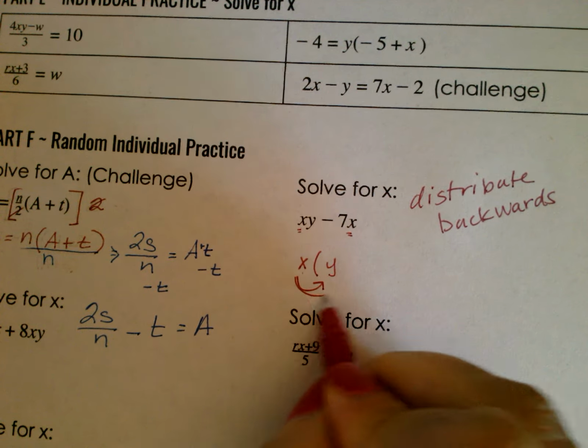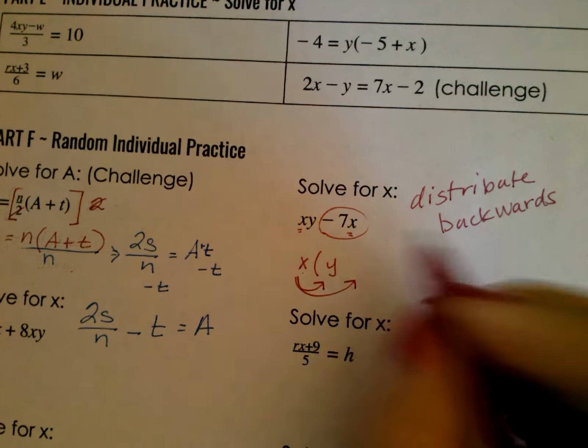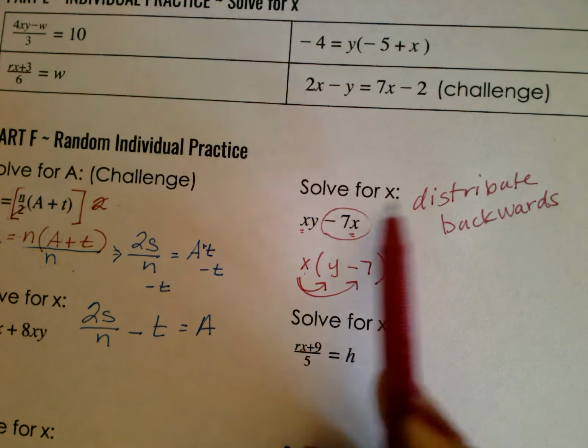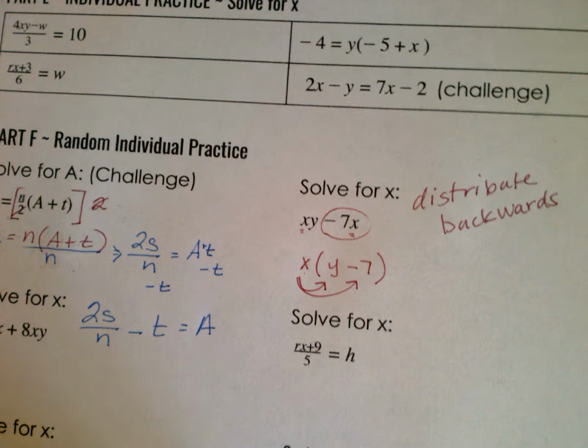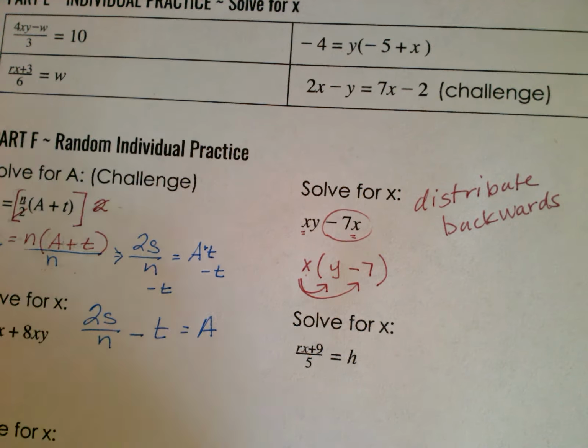Y. X times what will get me back to negative 7x? Negative 7. This then is really as far as we can go because there is not an equal sign. That's all we can do.